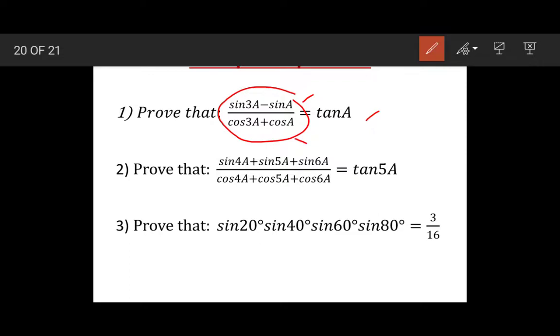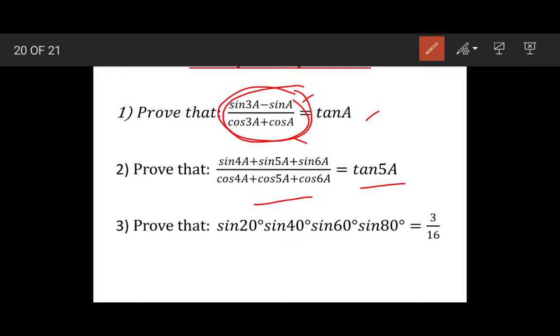In the denominator you have to apply the cos C plus cos D formula. So, the factorization formula. Now the second one is prove that sin 4a plus sin 5a plus sin 6a upon cos 4a plus cos 5a plus cos 6a is equal to tan 5a.